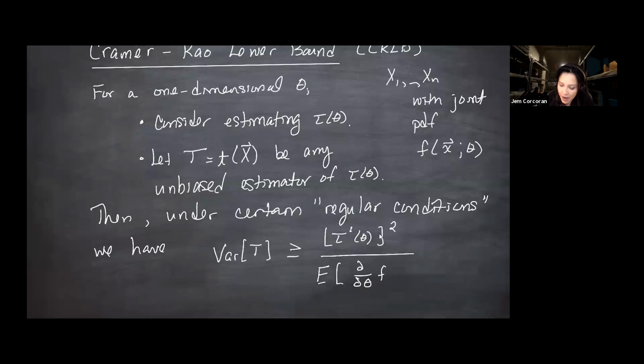Now, if there's nothing random, this expectation doesn't make sense. So this is the joint PDF with the capital X's plugged in. That is wrong. I need a log in there between the derivative and the PDF. The derivative of the log of the joint PDF with the capital X's plugged in, otherwise there's nothing random. And then this whole thing, including the derivative, gets squared.